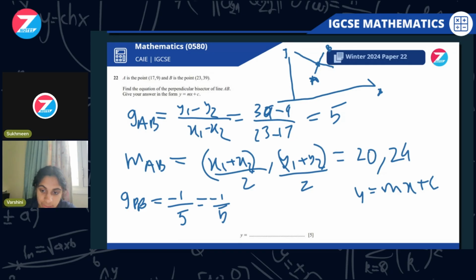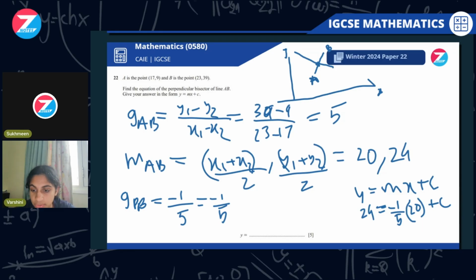So 24, which is the y coordinate of the midpoint of AB, which does belong to the perpendicular bisector, equals the slope, which is minus 1 by 5, into 20 plus c.